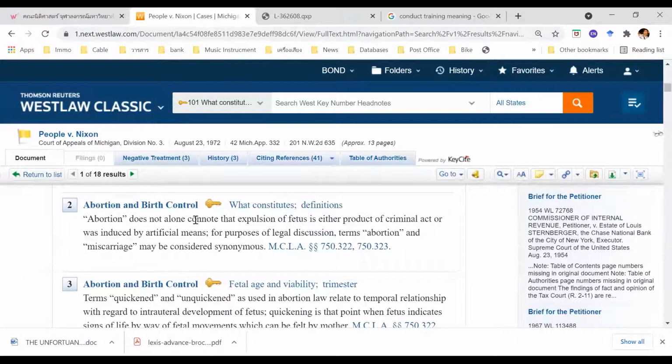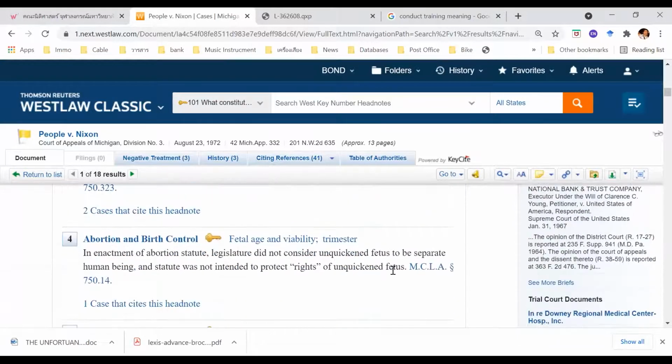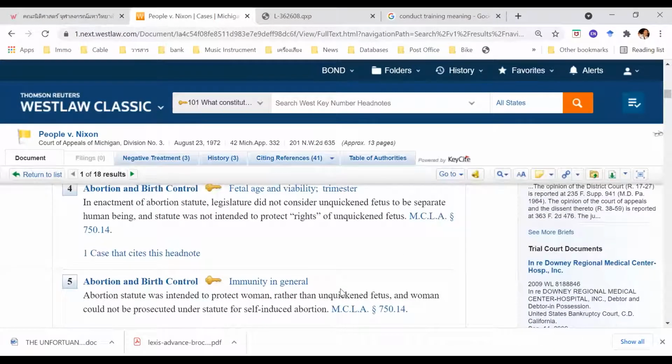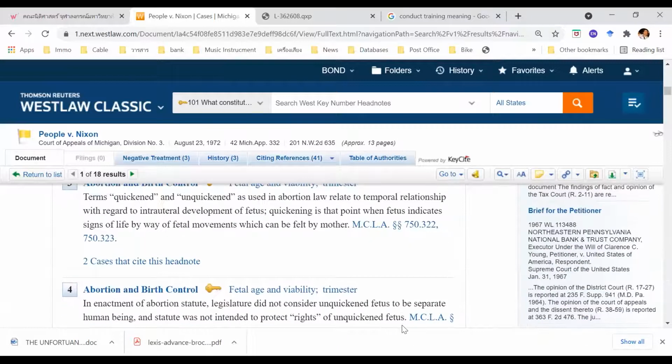Abortion alone cannot be mentioned in the primary source. This one, the constitution, is related to the case. And you see "cases that cite this" as a note. You remember that?